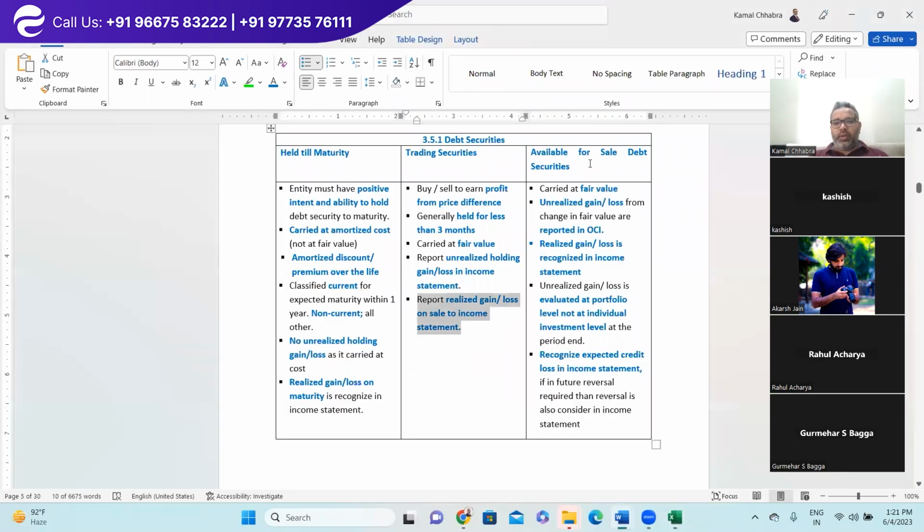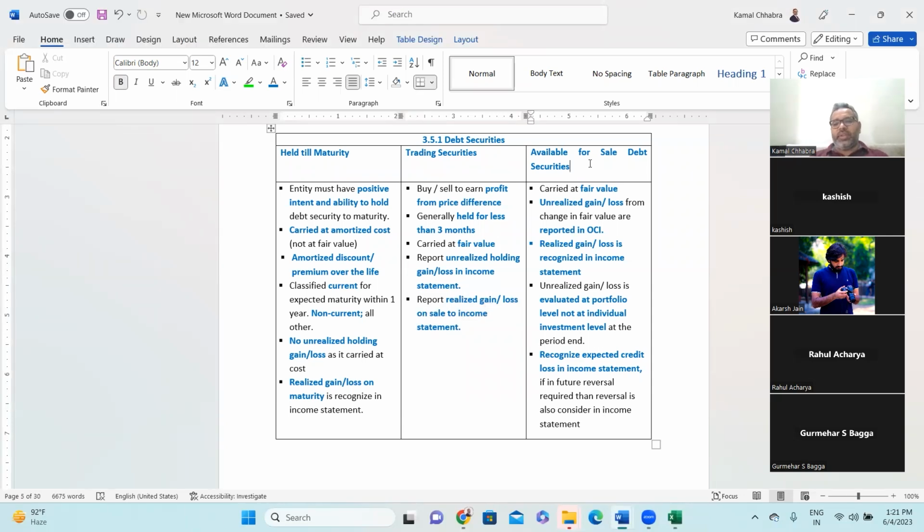Now coming to the third one, available for sale debt security. Available for sale debt security is always carried at fair value. Unrealized gain or loss from change in fair value is reported in other comprehensive income.